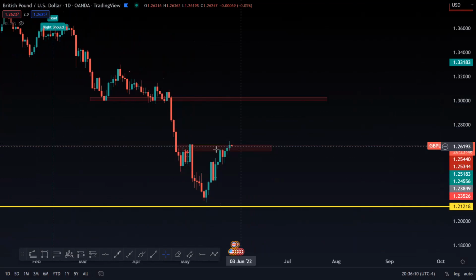Right now, if we break above here, it's going to start breaking the bearish structure. This move is going to ignore this low here, and then I'm going to start seeing a higher high, higher low.